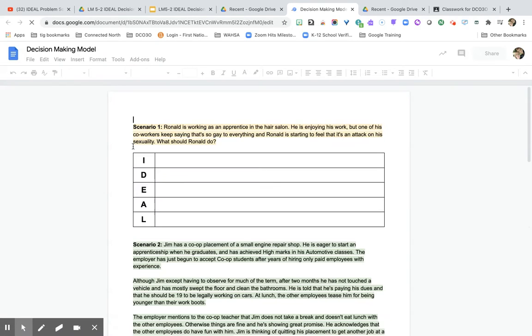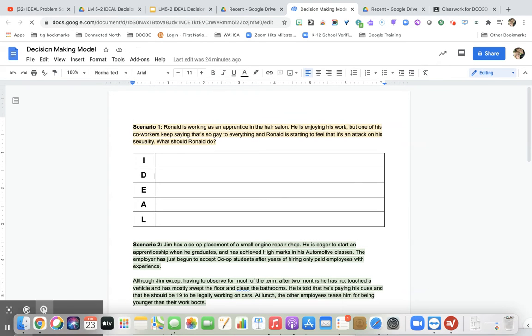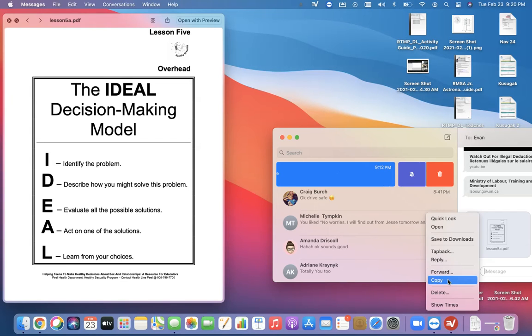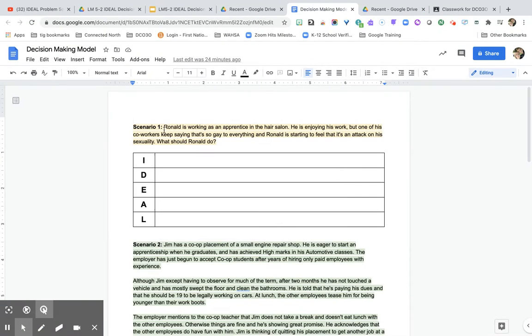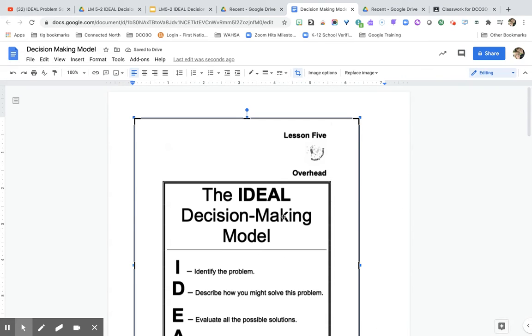It's called the decision-making model. And you know what I'm going to do is put a picture of that model right on the top of that document for you, so you know exactly what steps to follow while you're working on this assignment.